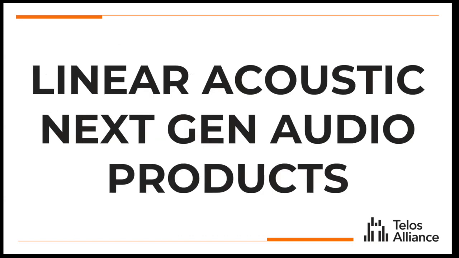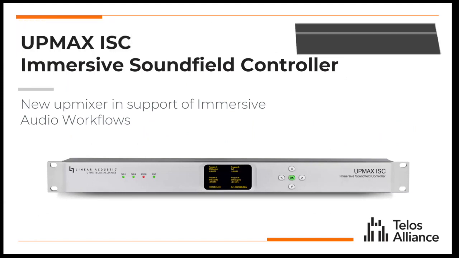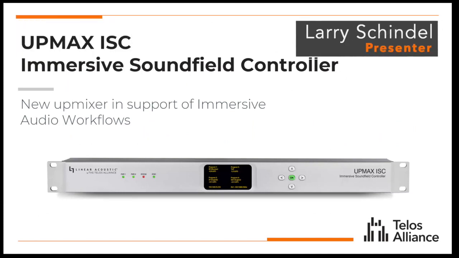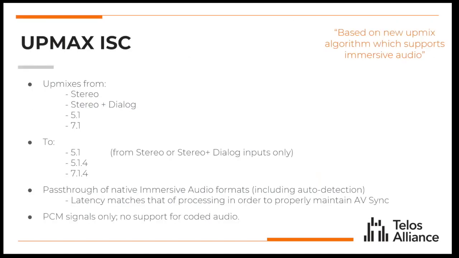I'm going to talk a little bit about products we have that are tools for next generation audio. The first one is an up mixer, the UpMax ISC. This works with PCM audio only.